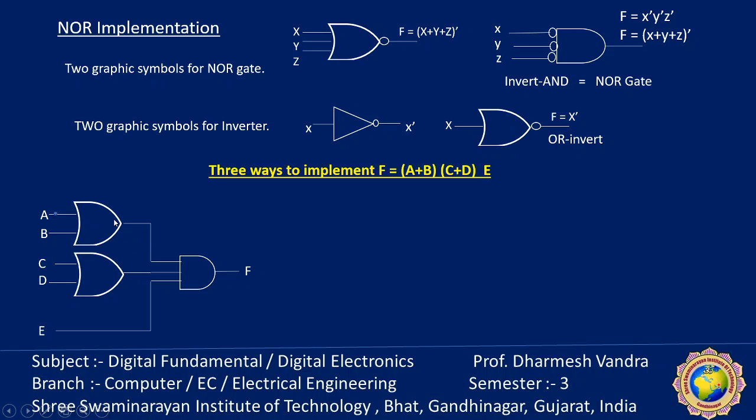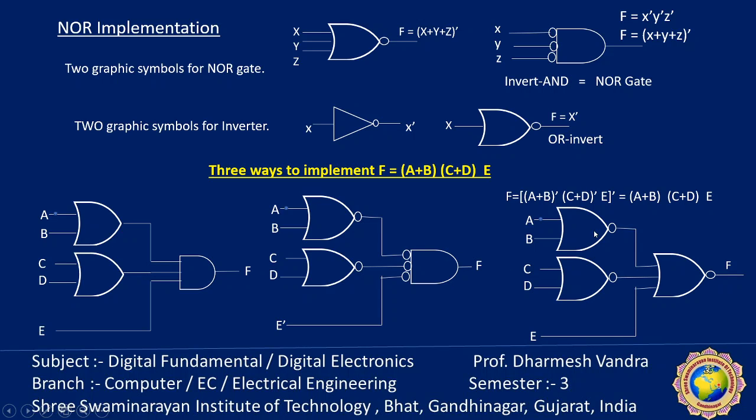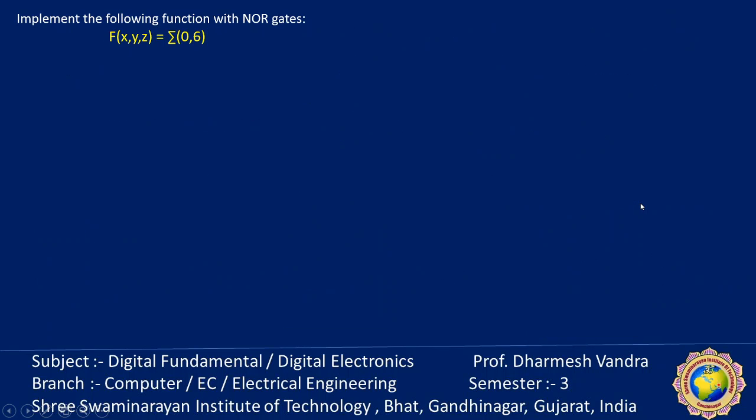Finally, whatever the output of our OR gate is, it is ANDed with the other one, like a bubble here and a bubble here. The meaning is the same and the circuit is not changed, but this bubble is replaced by e'. So this looks like a NOR gate, and I can replace it by NOR gates in this way. My function becomes (a plus b)' and (c plus d)' and e', all complemented, so (a plus b) ANDed with (c plus d) and ANDed with e. This is known as a product of sum by a two-level NOR circuit.